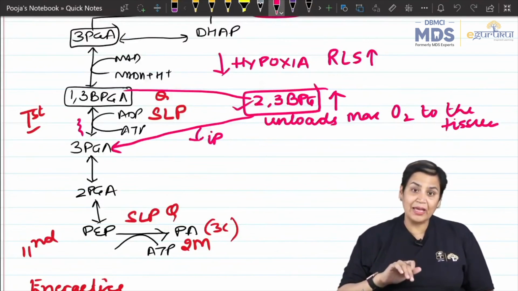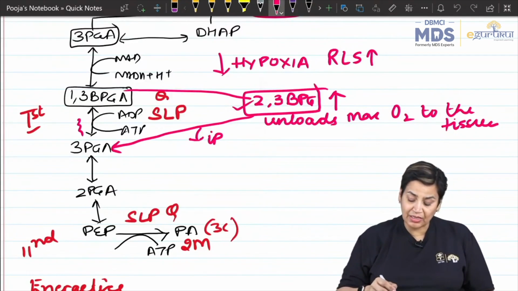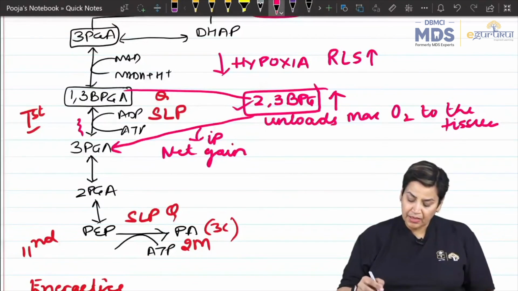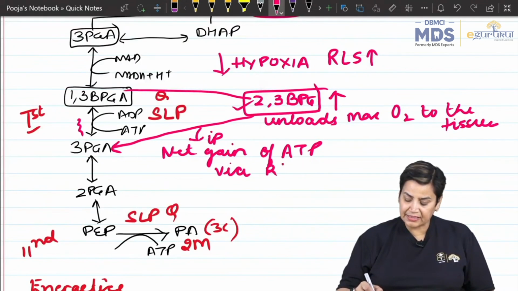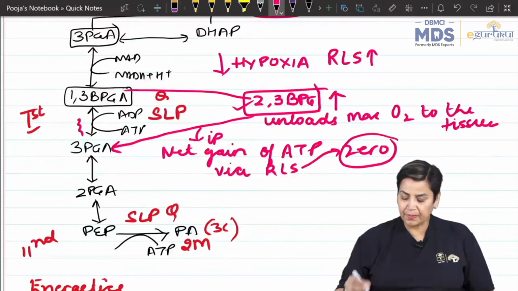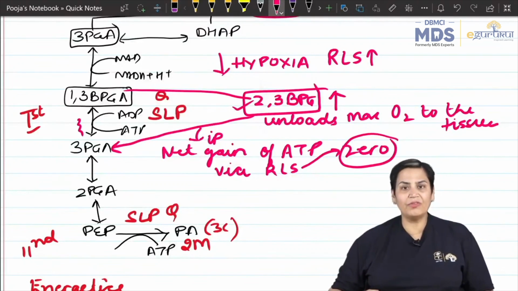Now the question that has come is about the net gain of ATP. If we talk about the net gain of ATP via RLS, it will be 0. Why will it be 0?